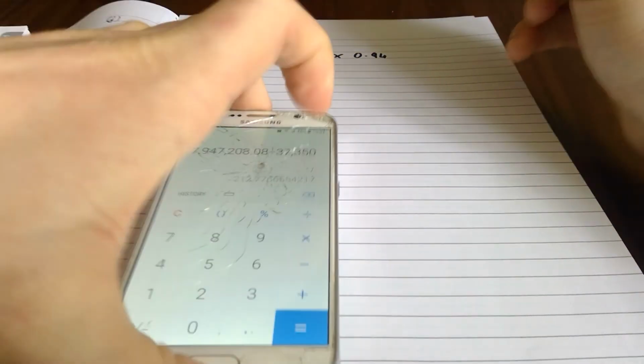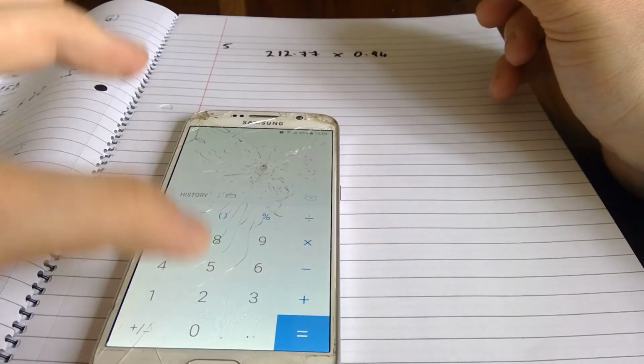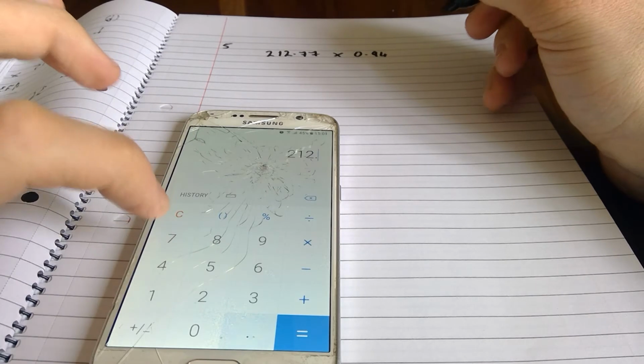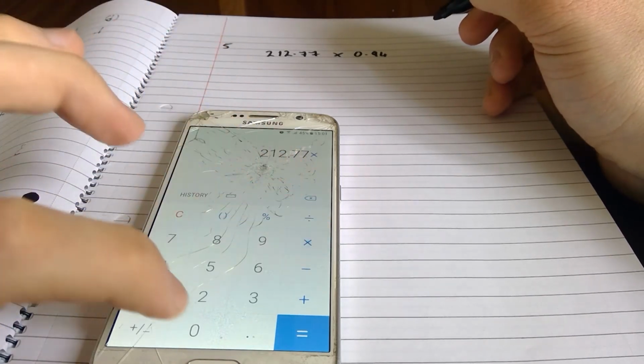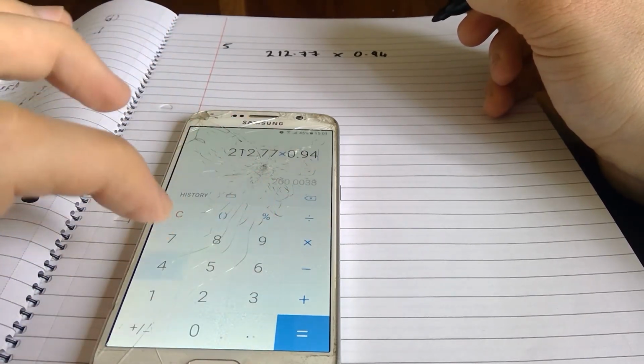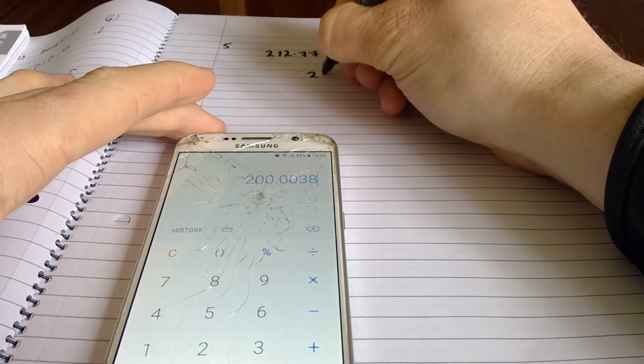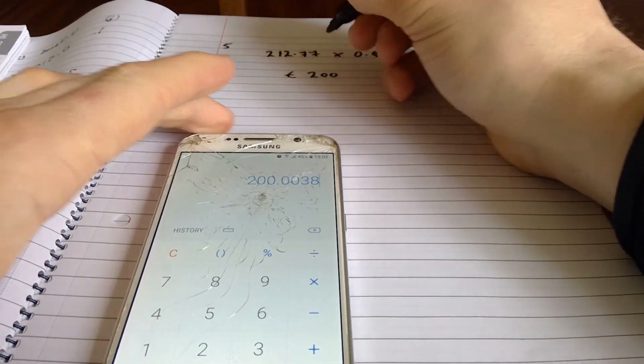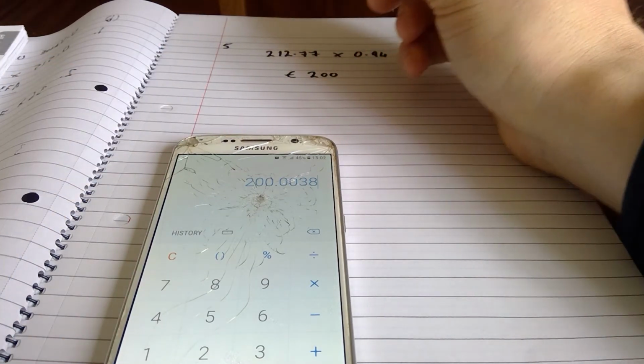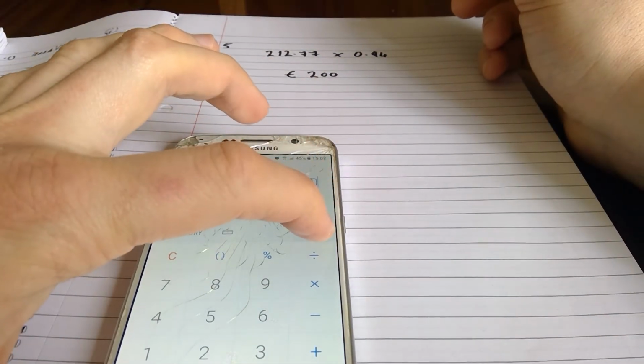Remember, watch out, 94 cents is 0.94. So, last calculation here, 212.77 multiplied by 0.94 equals 200.0038. That'll just work out at €200. So to heat that wall for that particular year, it's a matter of paying just €200.